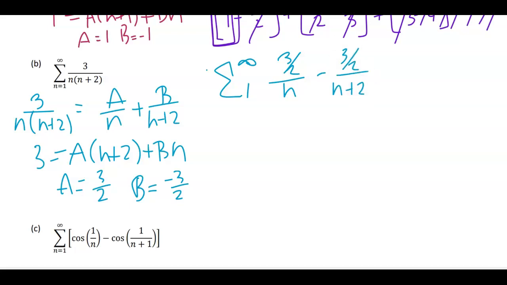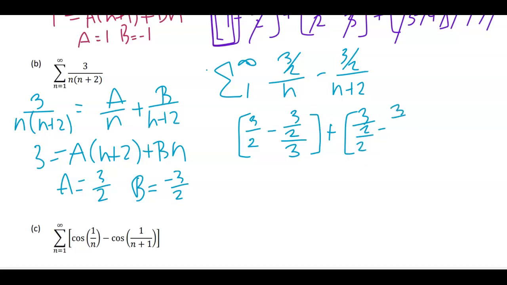All right, let's go ahead and list these out and see which ones cancel. So when I have 1, I end up having 3/2 minus 3/2 over 3. Plus 3/2 over 2 minus 3/2 over 4.